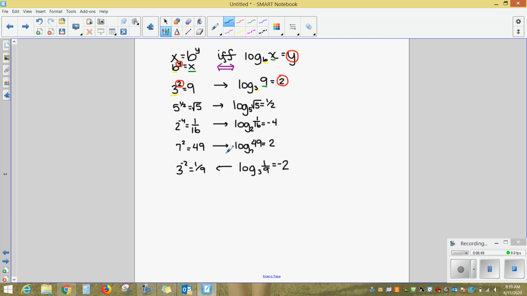If you're practicing with these going back and forth, the statement we have here on the left side, the exponential statement, should always be a true statement. 7 squared equals 49 is true. 2 to the negative 4 equals 1 over 16, true statement. So make sure that these are right, and that way if you flip-flopped something and have it in the wrong place, when you go back and look at it, you say, well, that's not right. How do I need to fix it?